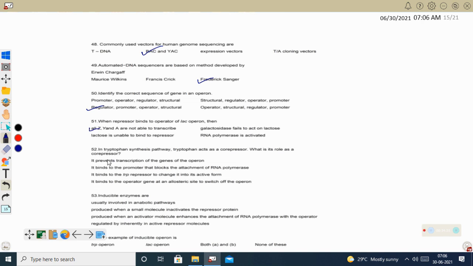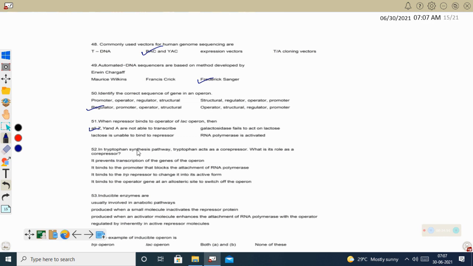Next question. In the tryptophan synthesis pathway, tryptophan acts as a co-repressor. What is its role as a co-repressor? In the tryptophan operon, the regulator gene synthesizes an aporepressor. That aporepressor alone is inactive. Tryptophan synthesis is an anabolic pathway. Anabolic operons are of the repressible type, not the inducible type.